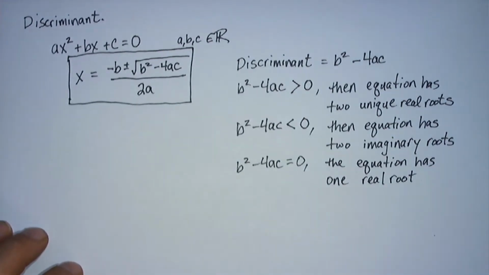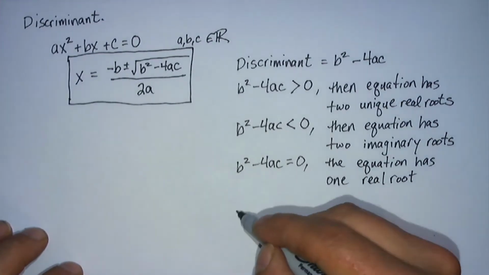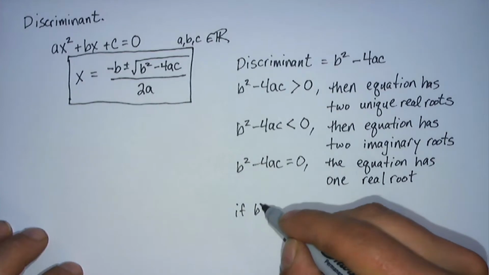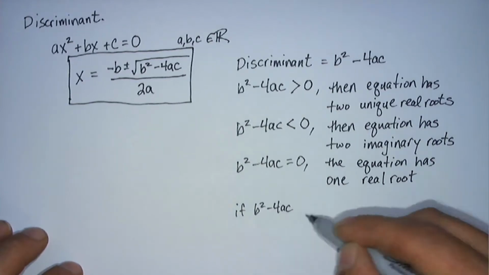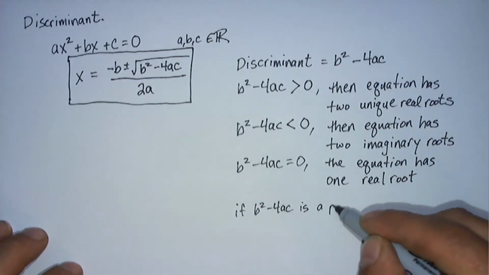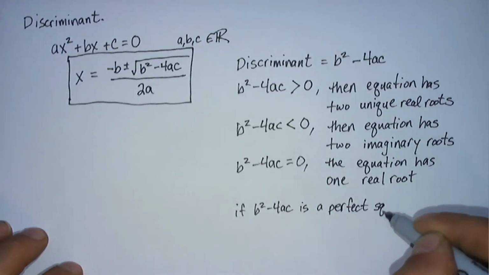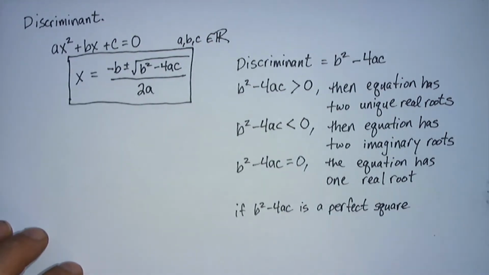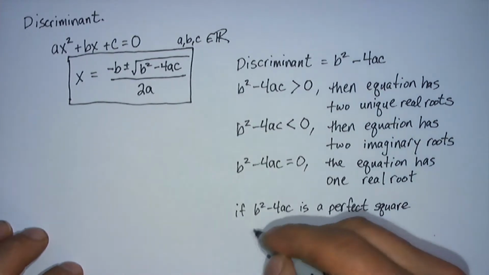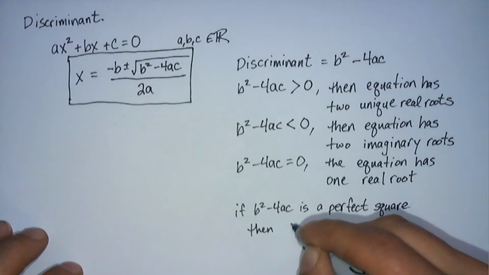And on another note that you can't really tell from this, but if b squared minus 4ac is a real perfect square, then the equation's factorable.